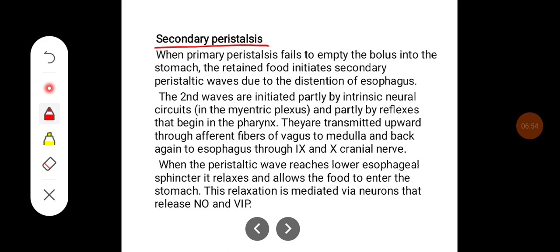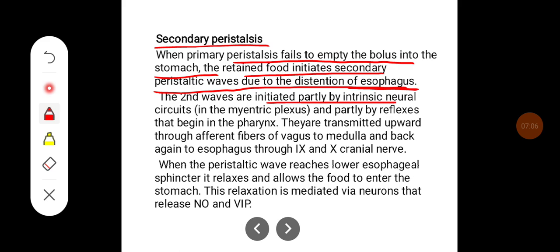Secondary peristalsis: when primary peristalsis fails to empty the bolus into the stomach, the retained food initiates secondary peristaltic waves due to the distension of the esophagus. The secondary waves are initiated partly by intrinsic neural circuits in the myenteric plexus and partly by reflexes that begin in the pharynx.